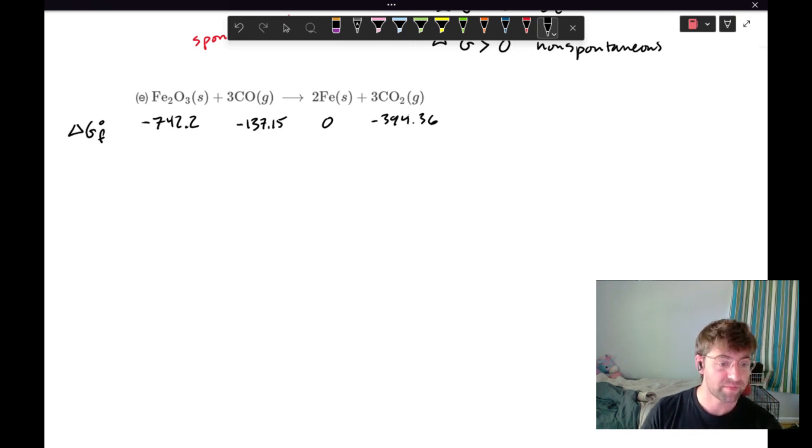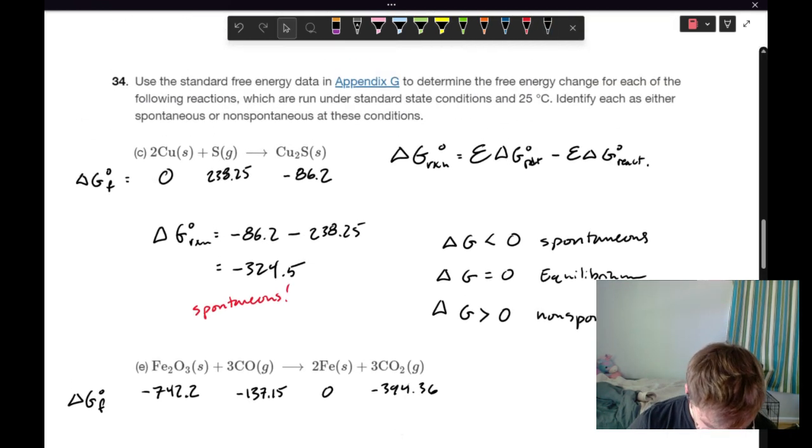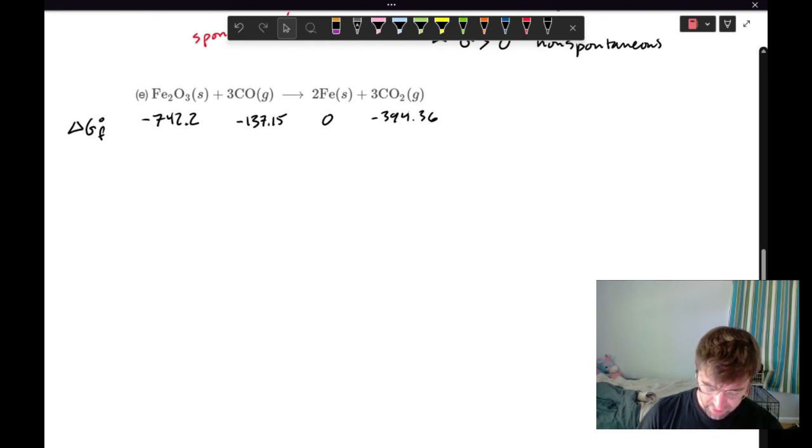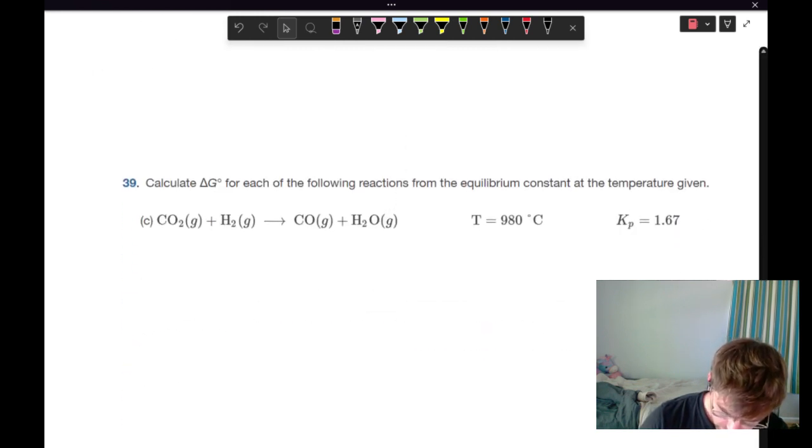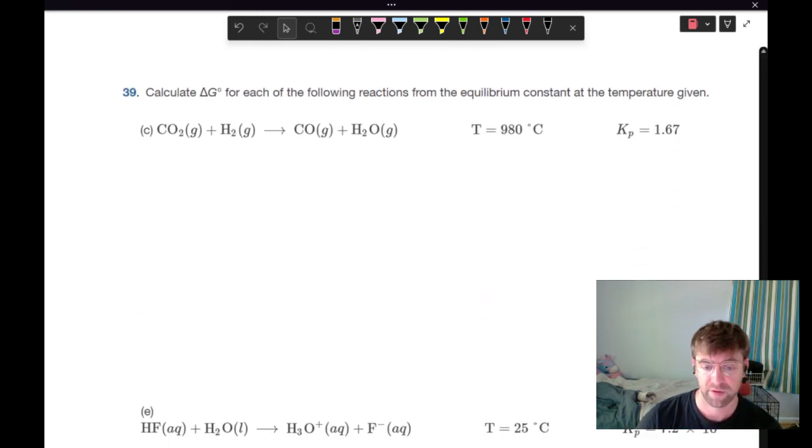And give you a shot at doing this on your own. Be careful with your stoichiometry, products minus reactants.